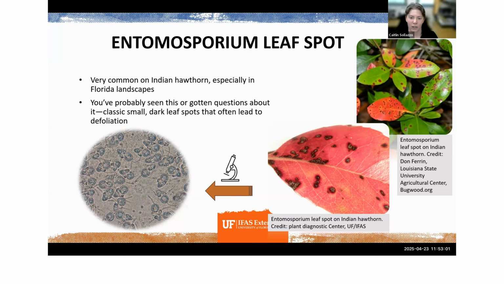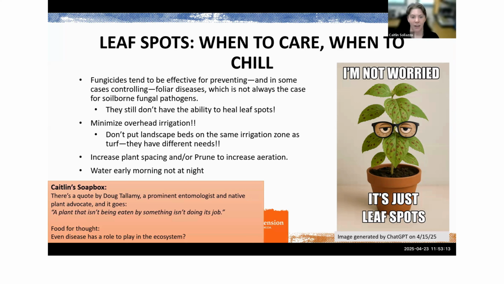All right, so let's summarize leaf spots. The good news is, if you care a lot about having or not having leaf spots, fungicides are relatively effective when controlling them. We'll get into this a lot when it comes to the soil-borne fungus problems we have. Fungicides are not really effective there.